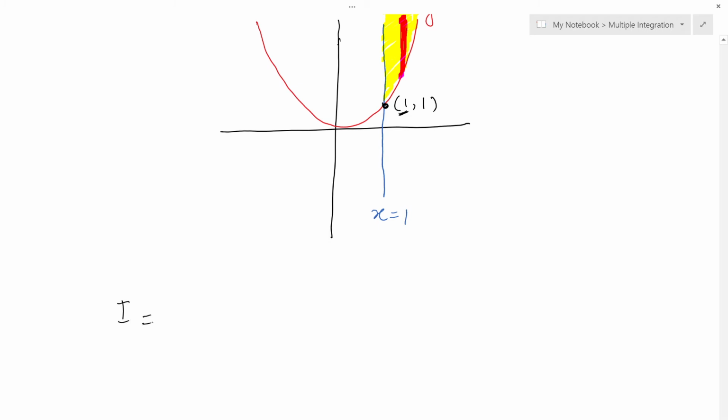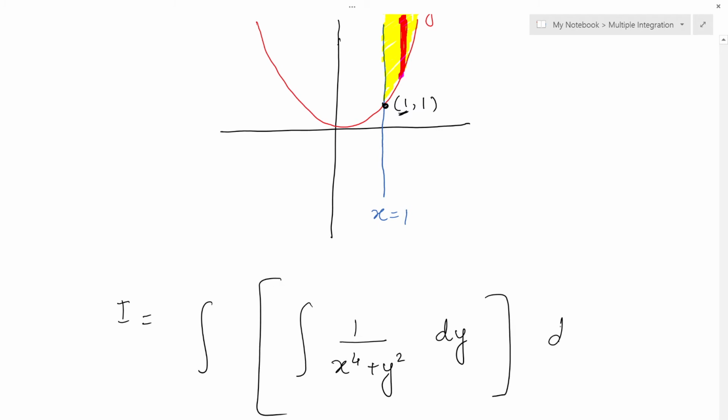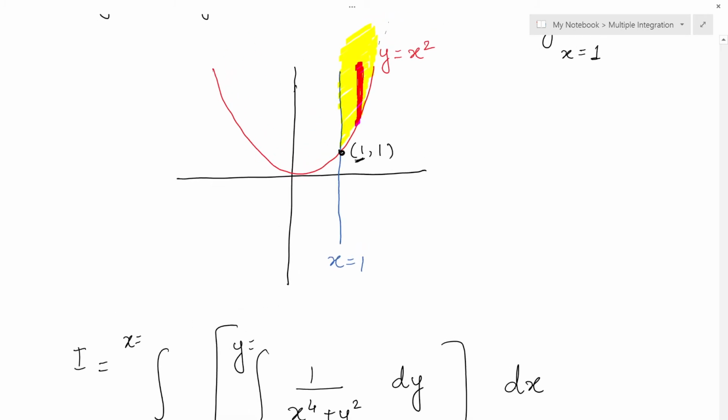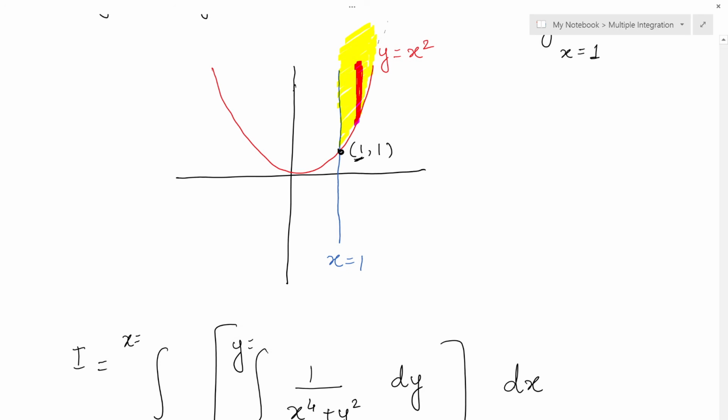So now clearly the integration is with respect to y first, because we are taking the strip parallel to the y-axis. The inner limits should be y is equal to, and the outer limits should be x is equal to. So y is equal to what? The strip touches the red line, we can see in the diagram, that is x square.